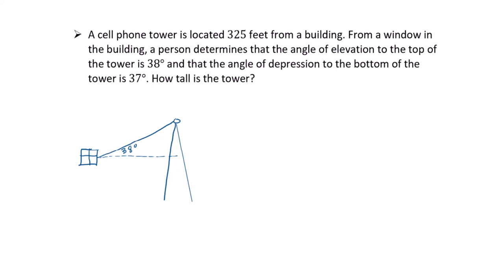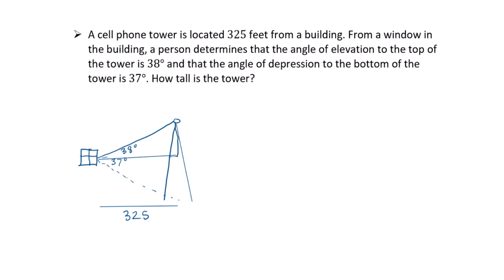And if they would sight the bottom of the tower, then that angle of depression is 37 degrees. Now, I know the building is here 325 feet from that tower. So I know that this is also 325 feet. So I have here two triangles to solve.